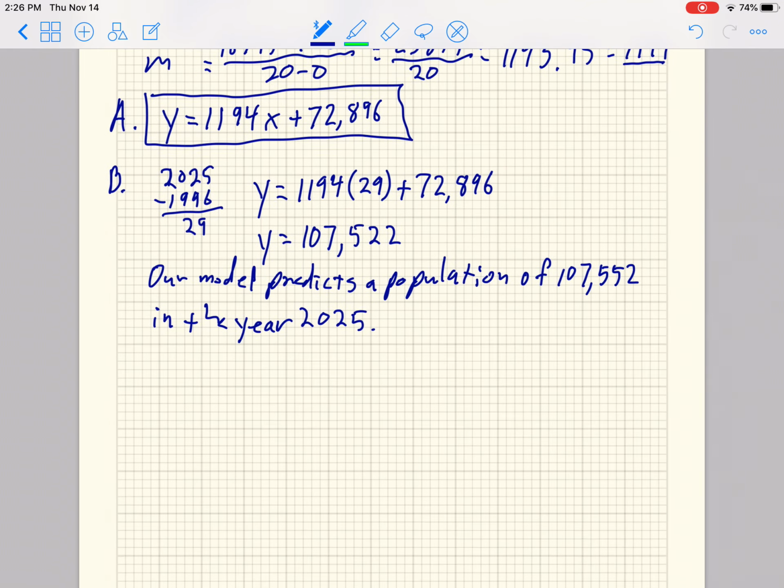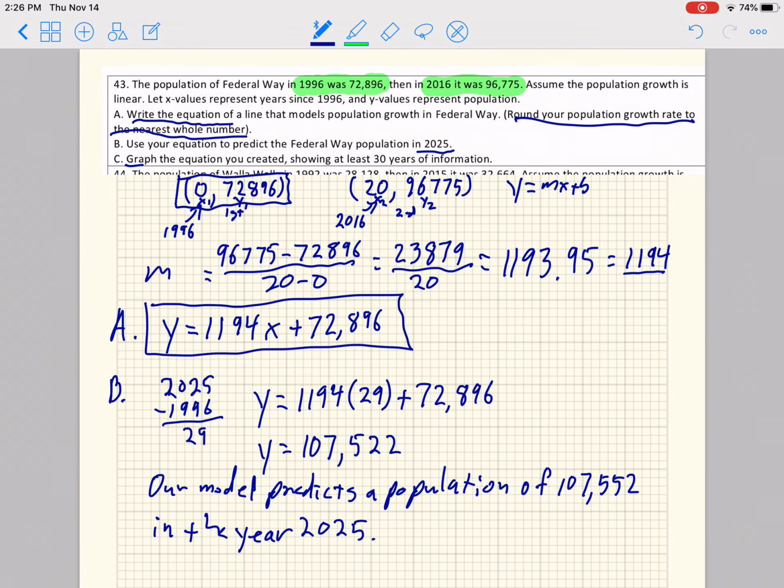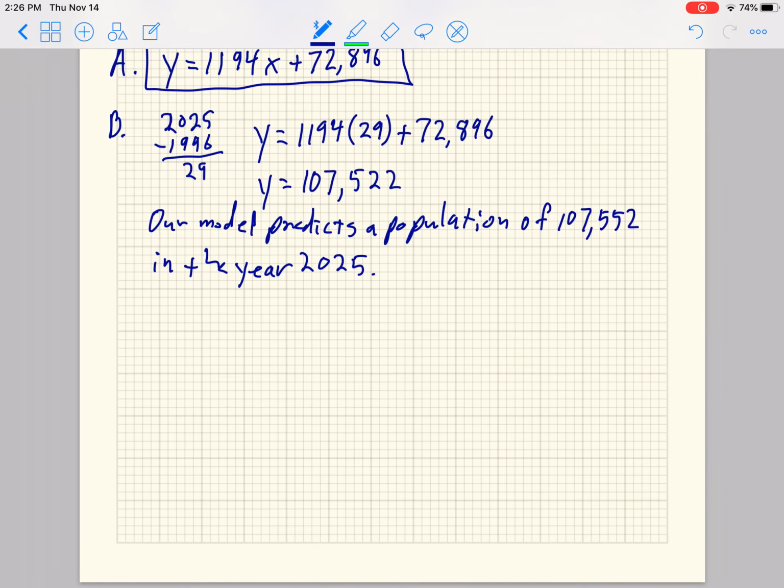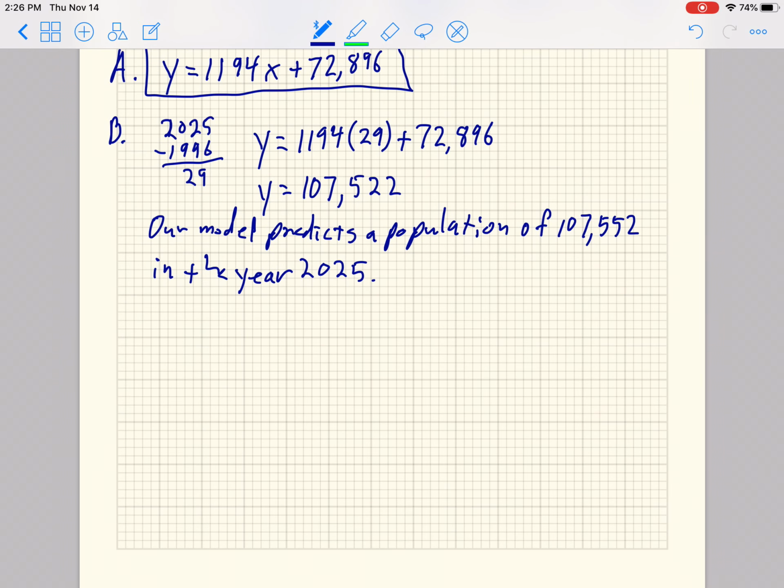Okay, so last thing we're going to do, we're asked to graph this equation showing at least 30 years of information. So I think what I'm going to do, let's see, build a little graph here. I'm going to just make each one of these a year. So I'm going to go 10, 20, 30. And I'll go ahead and label my x-axis here. So my x-axis is time.